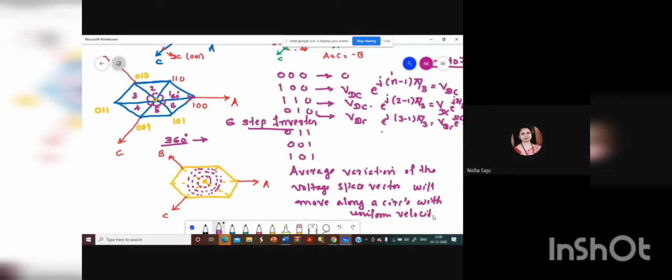This is the most important thing in the case of a space vector hexagon. As you can see, inside you have so many circles possible.